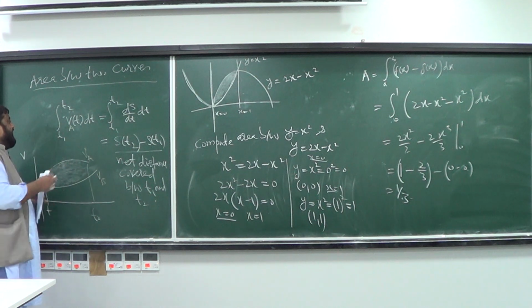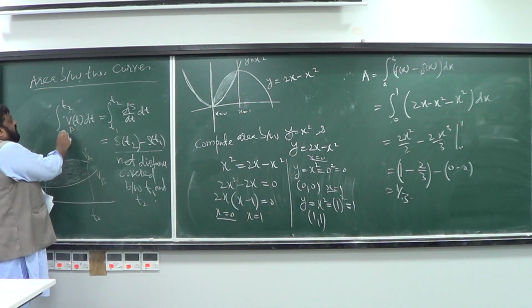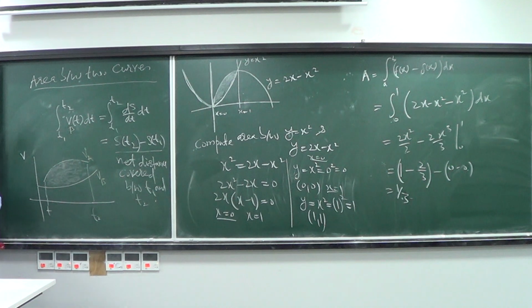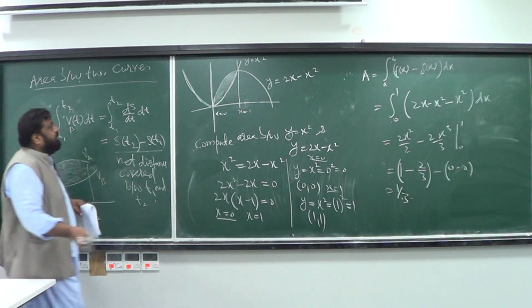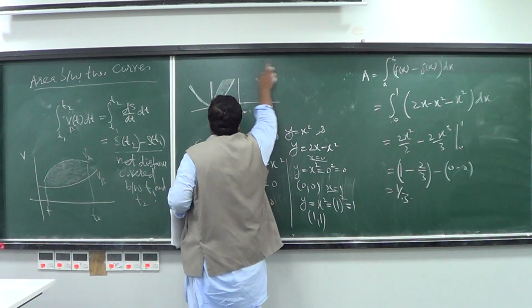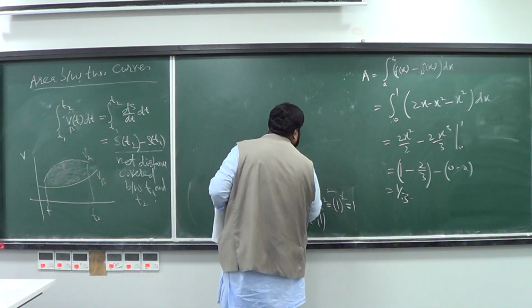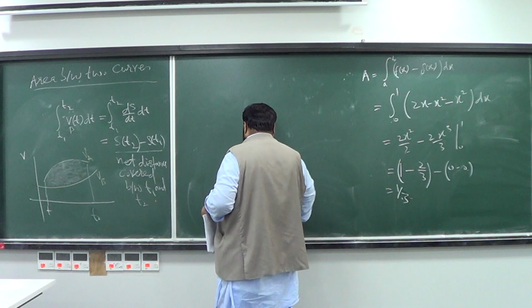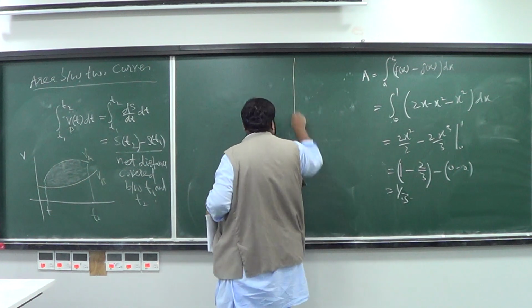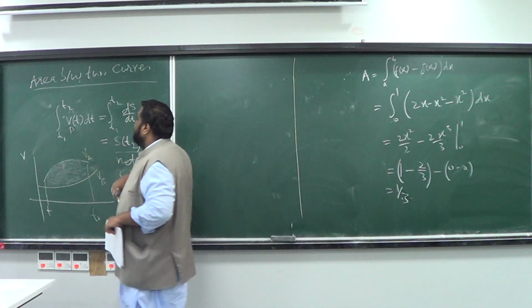So what would be the meaning of the integral of VB? This is the net displacement made by vehicle B between the instants T1 and T2.